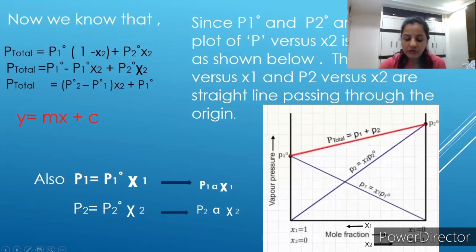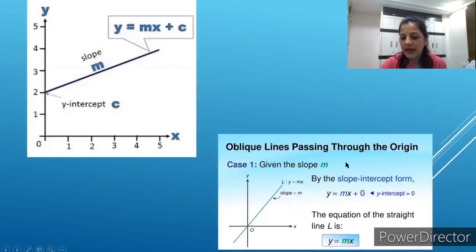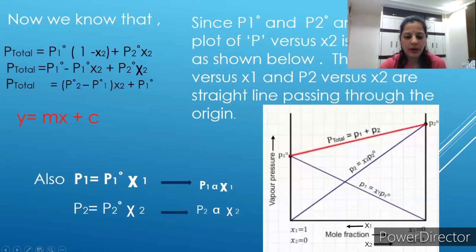We know that y is equal to mx gives a straight line passing through the origin. So in this case also, we get a straight line passing through the origin. This is for P1, P1 is equal to P1 naught into x1, and this is P2 is equal to P2 naught into x2. So we are getting two lines.